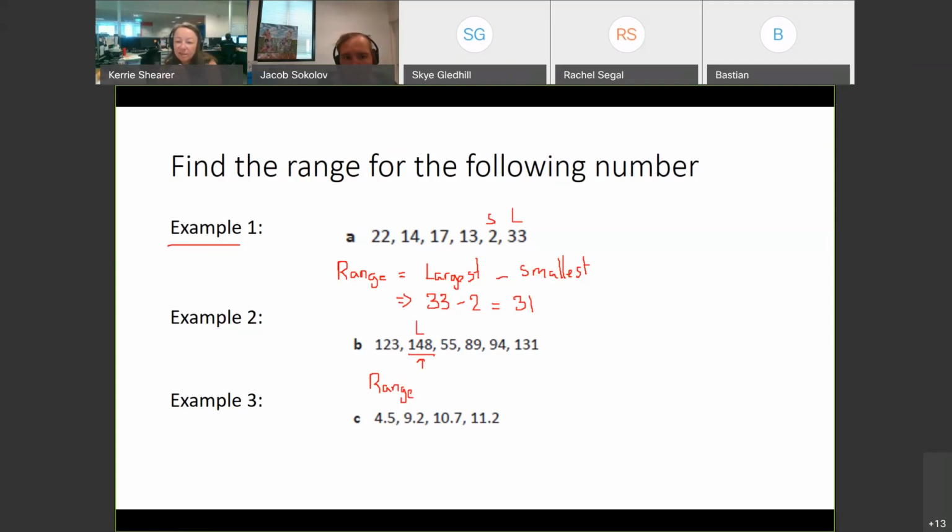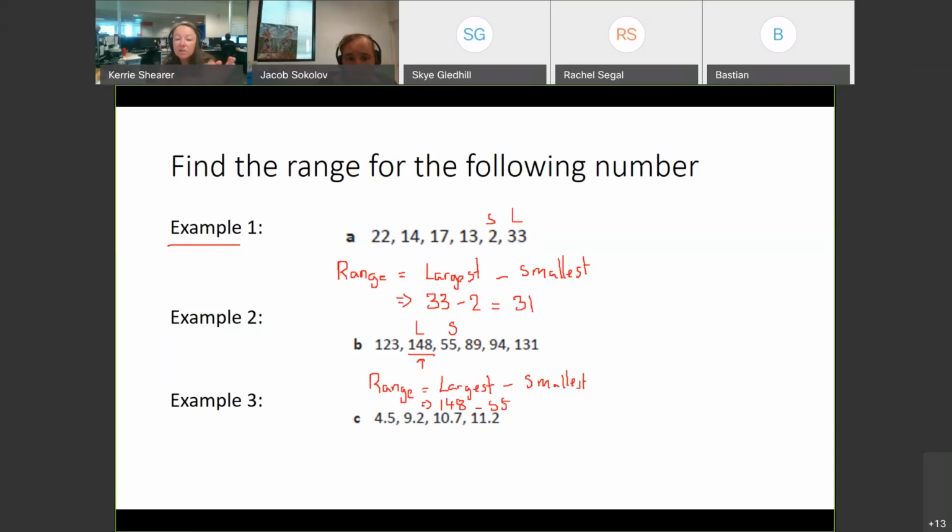I'm getting 55s. Okay, 55. So remember, the range is the largest minus the smallest. Can someone in the chat box do it for me? Not as quick this time. 93s. And I think we agree.